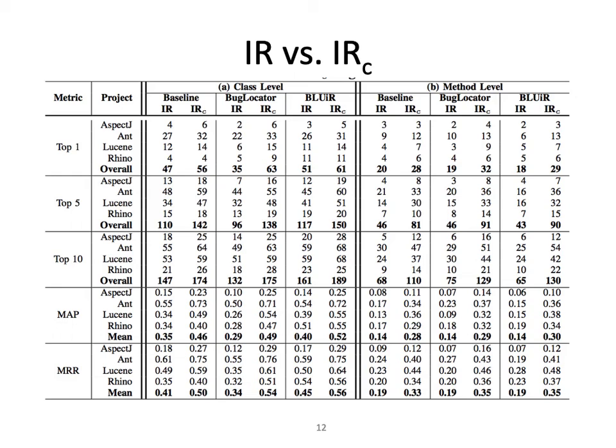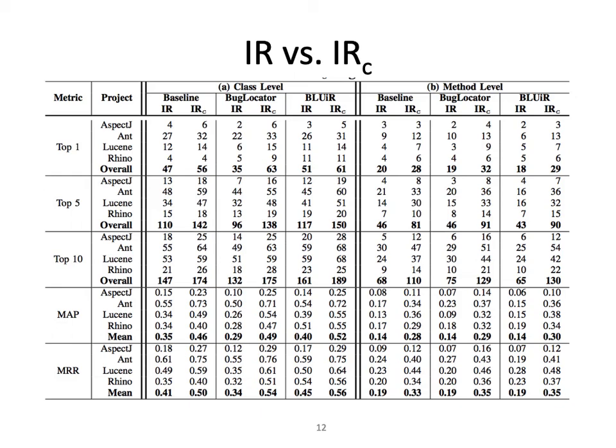And we measure the effectiveness of different techniques using popular, well-defined metrics like top 1, top 5, top 10, MAP, and MRR. Top 1, top 5, top 10 basically means that among the top N locations, how many of them are the actual buggy locations? And MAP and MRR are also widely used metrics to measure the effectiveness of IR-based bug localization techniques.